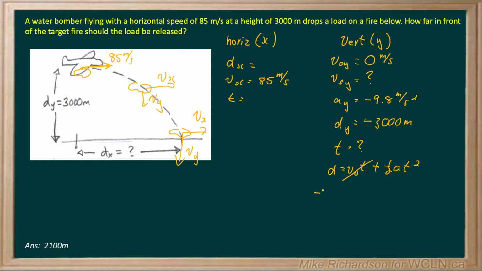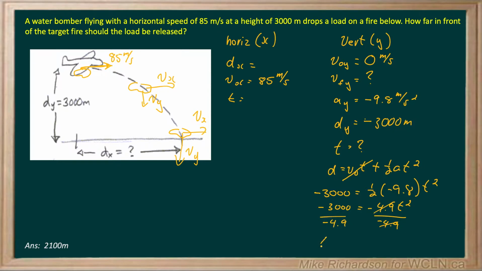So my displacement is negative 3,000 equals 1/2 negative 9.8 times t squared. Negative 3,000 equals, now 1/2 of negative 9.8 is negative 4.9. And I can divide both sides by negative 4.9.